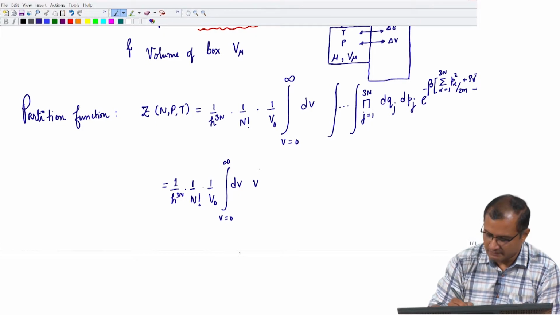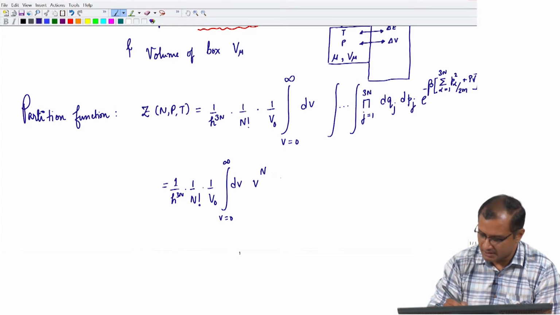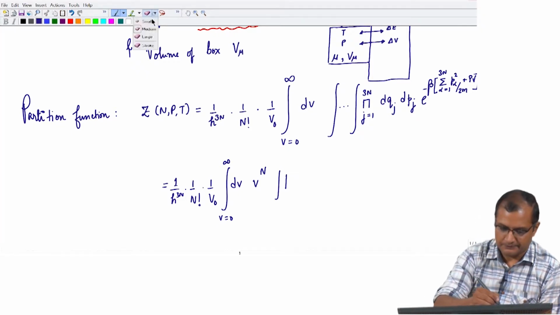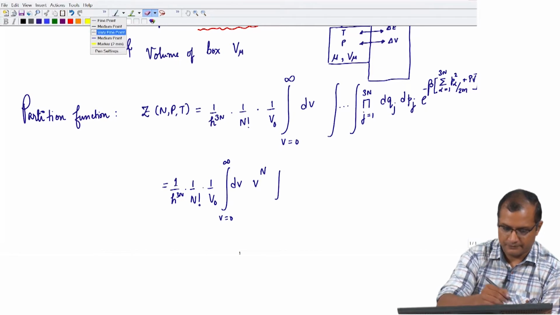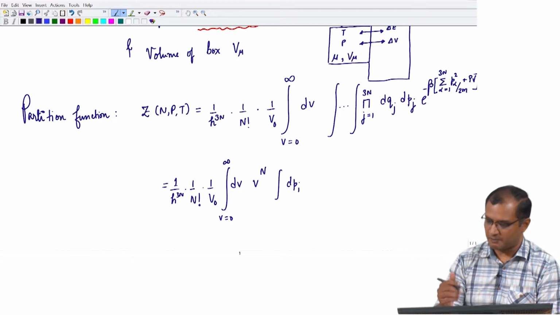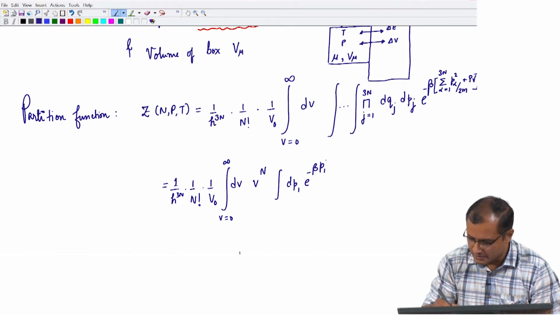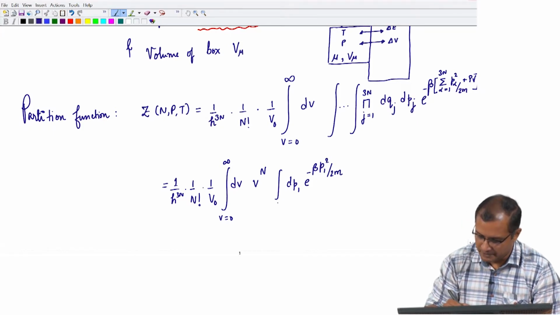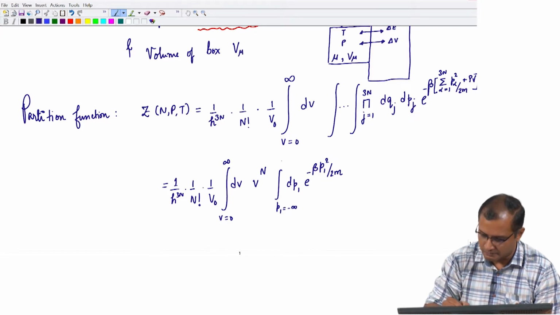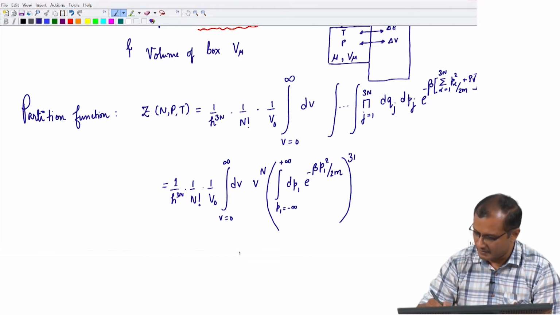So, position integrals are giving me V to the power n, and all the momentum integrals can be written as just integral d P1, the momentum degree of freedom of the first particle, into e raised to minus beta P1 square by 2m, where P1 will take the values from minus infinity to plus infinity, and the entire thing will be raised to the power 3n.